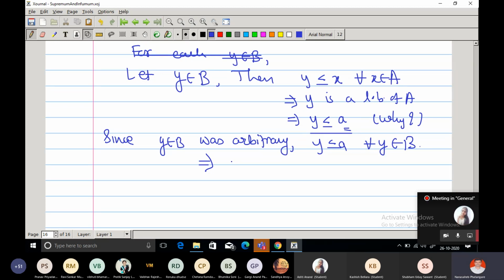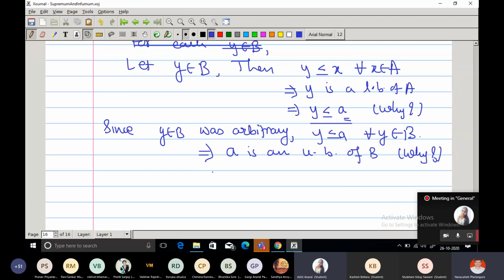What does it suggest? A is an upper bound of B. Is it true? Yes, sir.